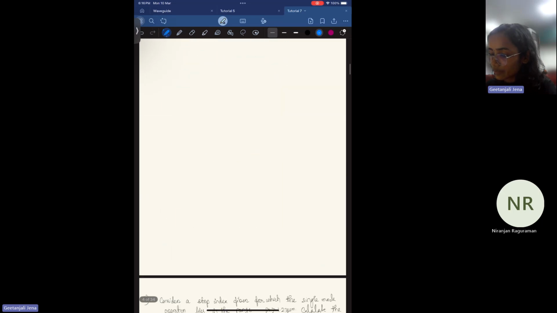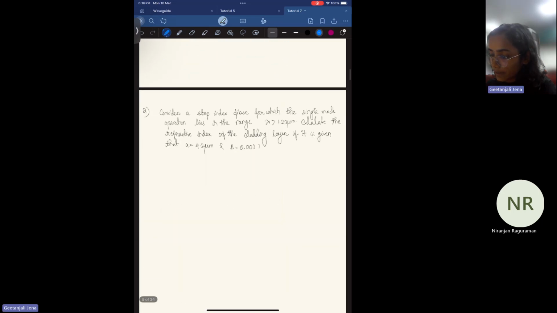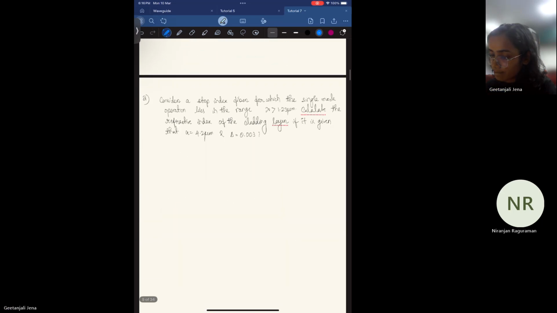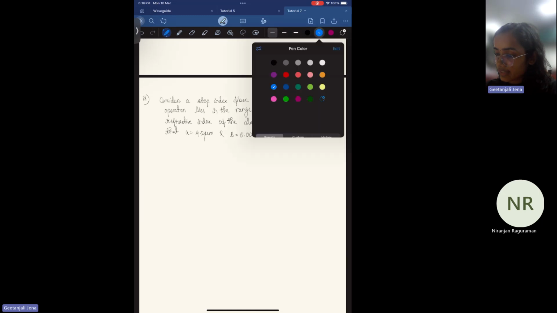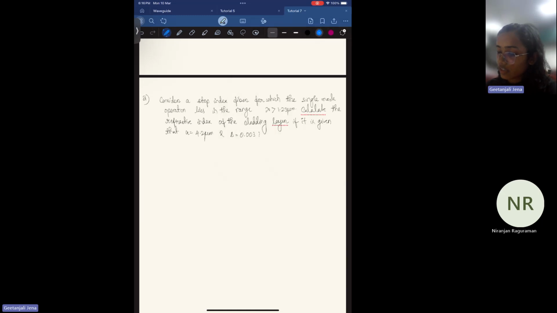Okay, so let me move to our next problem. It is also a step index fiber. Consider a step index fiber for which the single mode operation lies in the range lambda greater than 1.223 micrometer.